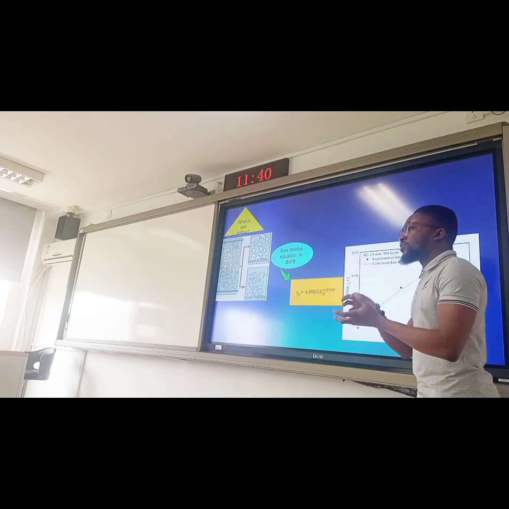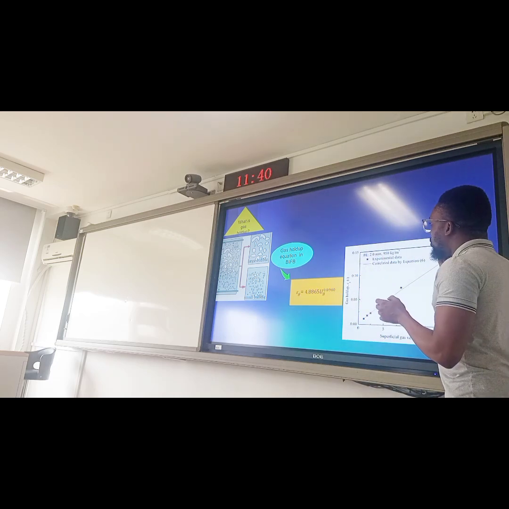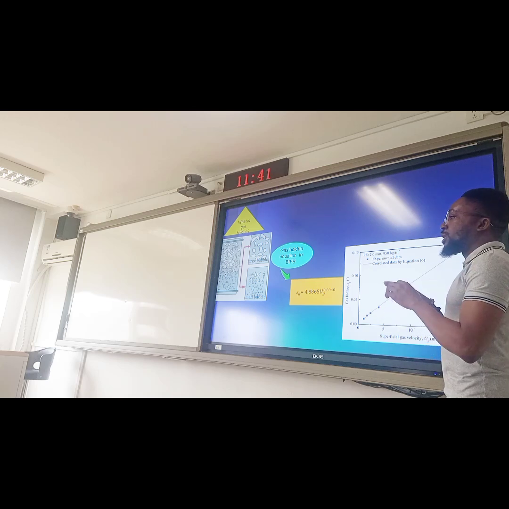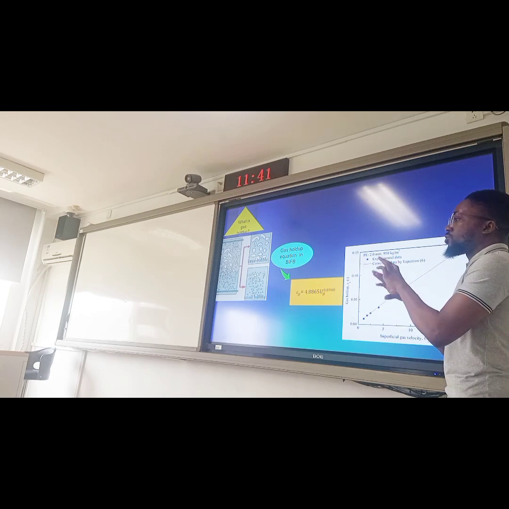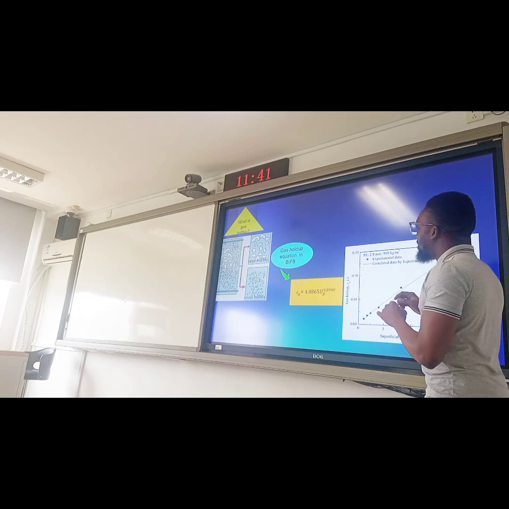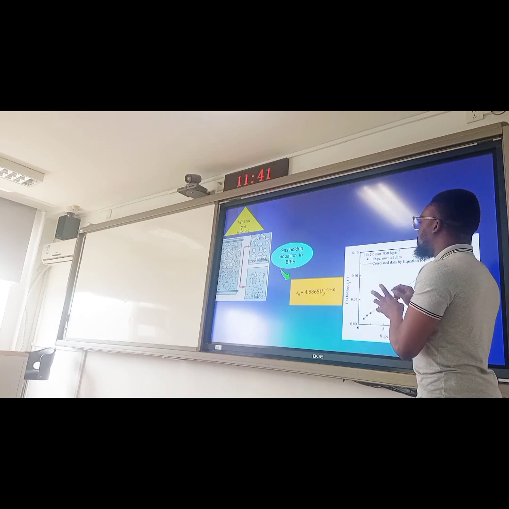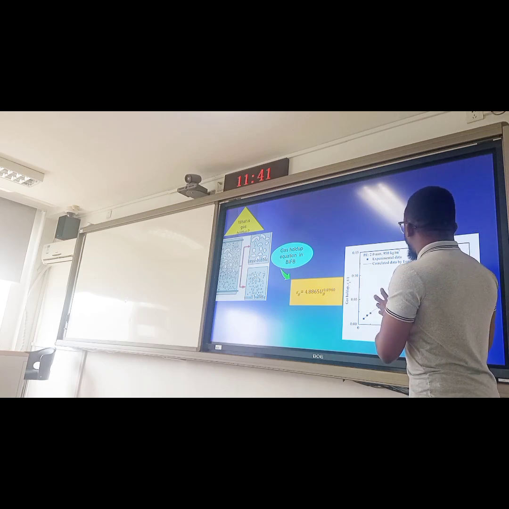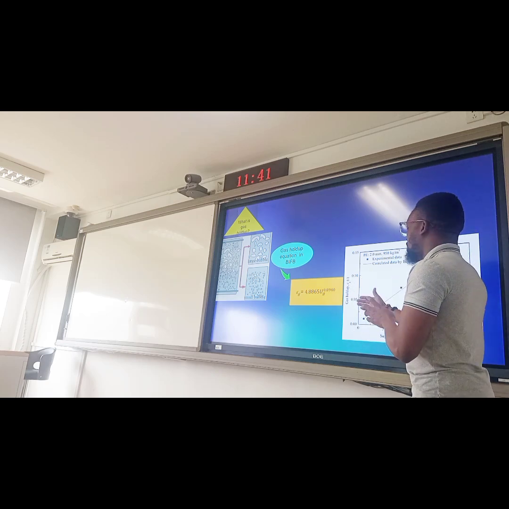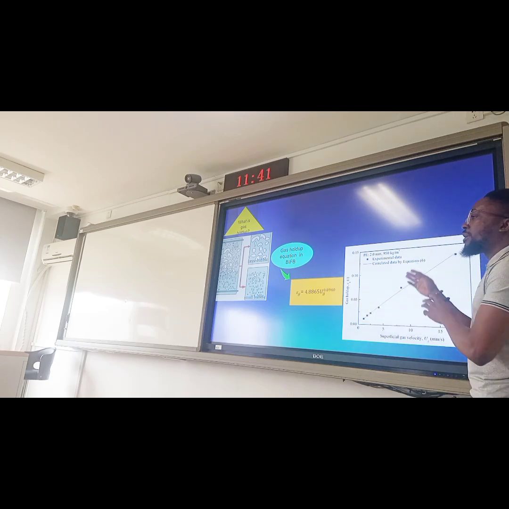Another interesting thing obtained here is the gas holdup. Gas holdup is the fraction of gas in the total volume. It is very important for understanding the gas distribution in the bed, so they had to look for an equation that can be used to calculate the gas holdup. They plotted the gas holdup against the superficial gas velocity and found that the gas holdup increases with the superficial gas velocity.